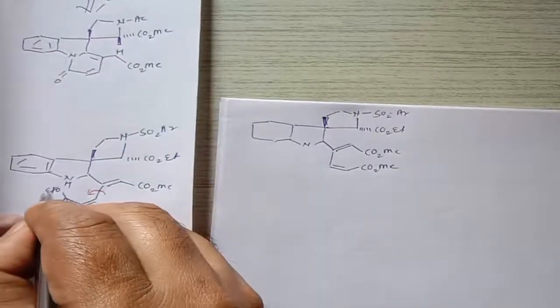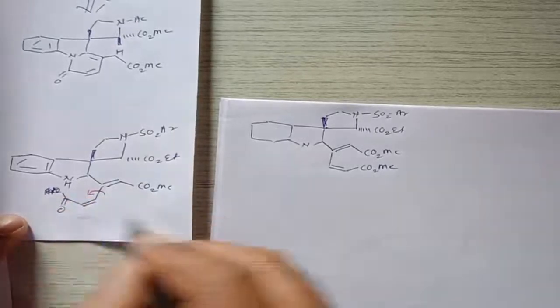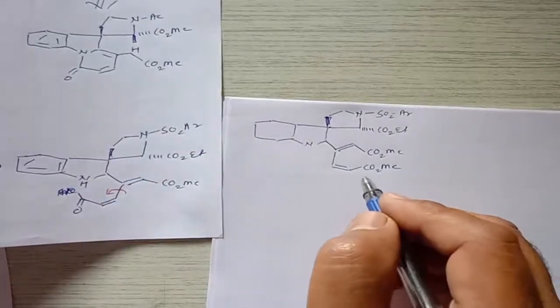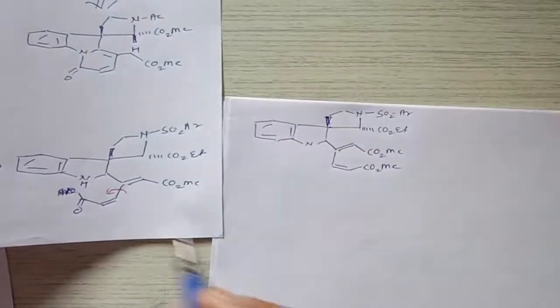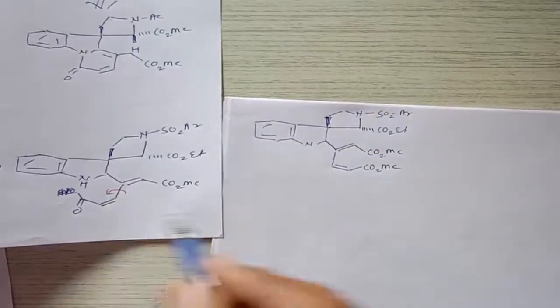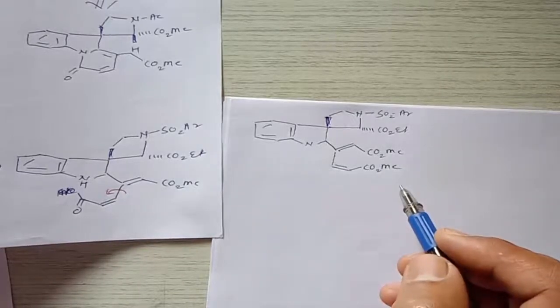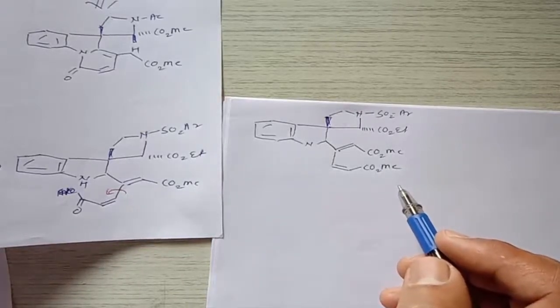So here we can introduce the Me functional group. That means it gives CO2Me, CO2Me, and then the remaining molecule will be the same. So we simply rotate this bond, and by rotating this bond, this CO2Me, CO2Me group will be on the same side.